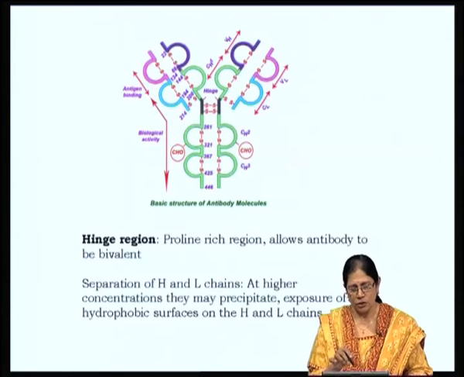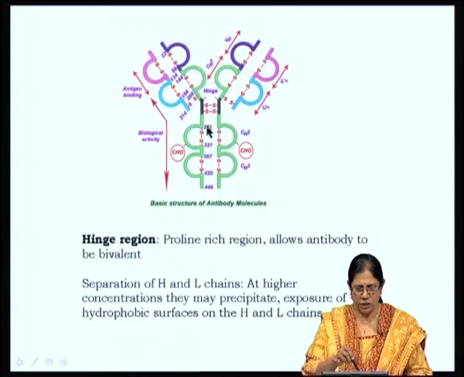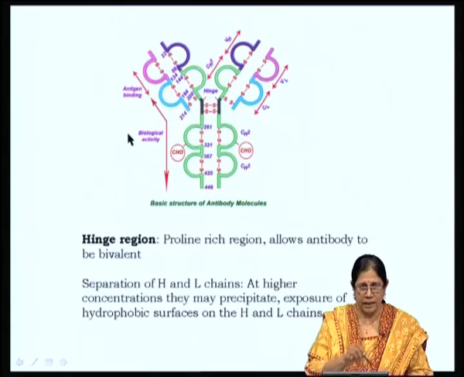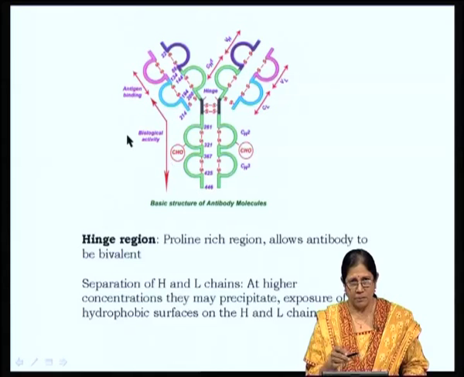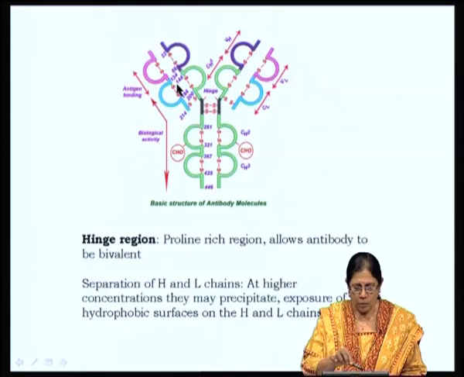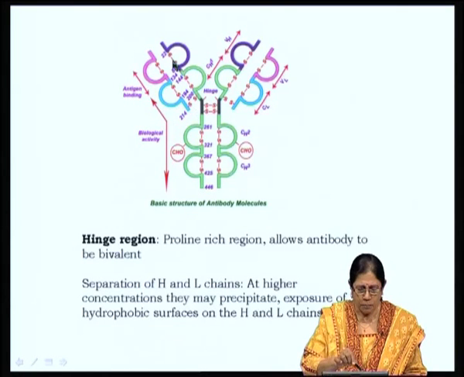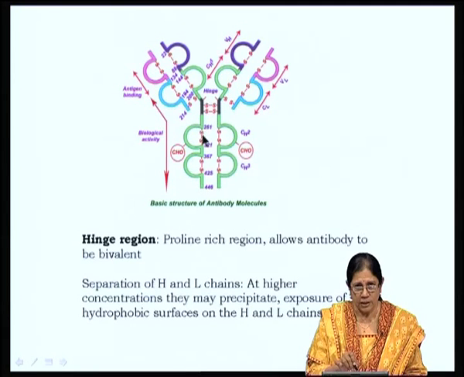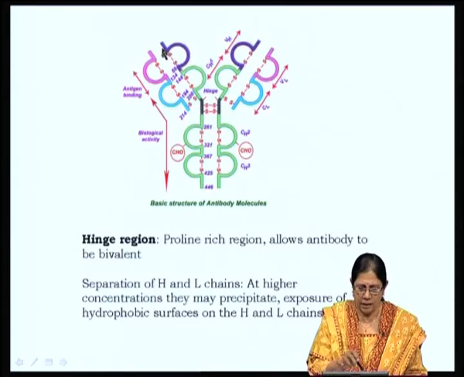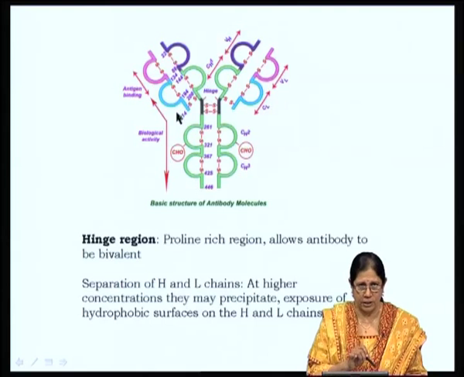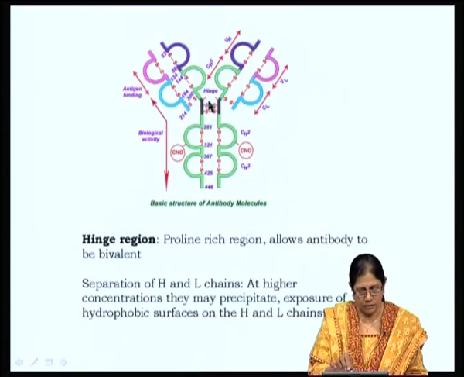I had already mentioned to you that if you take the heavy chain separate from the light chain, it is an easy experiment, one can use DTT or any reducing agent like beta mercaptoethanol to break the disulfide bonds which hold the 2 heavy chains as well as each of the heavy chain to one light chain. Now, after reduction of these bonds, you can have 2 heavy chains and light chains separate.